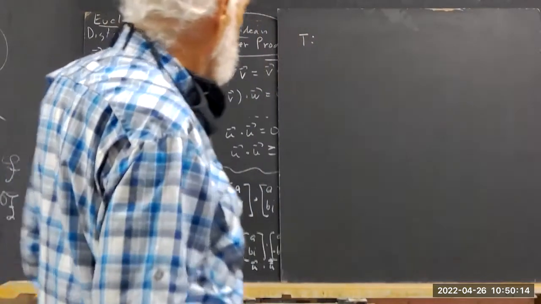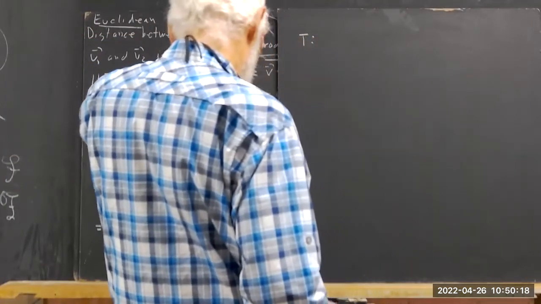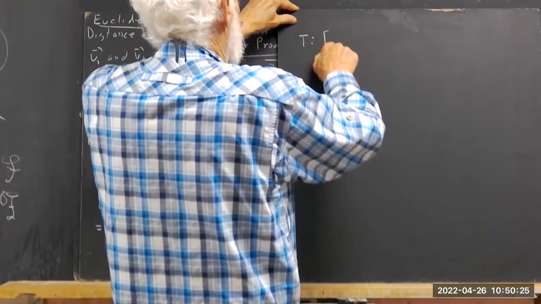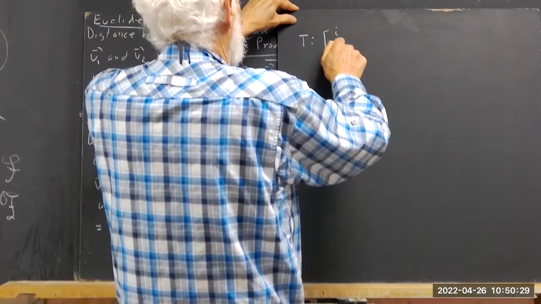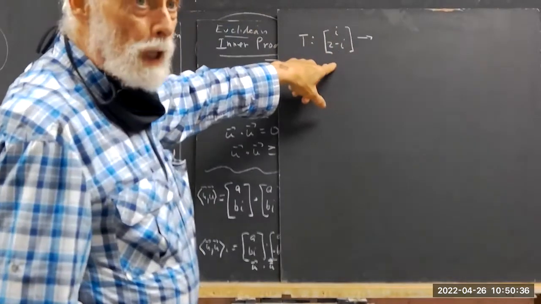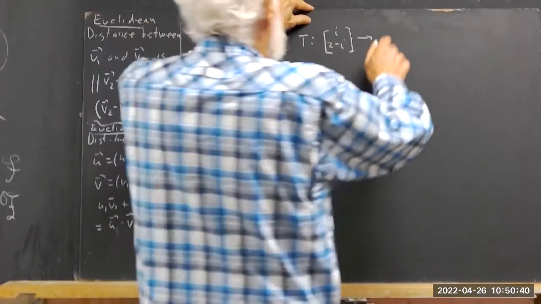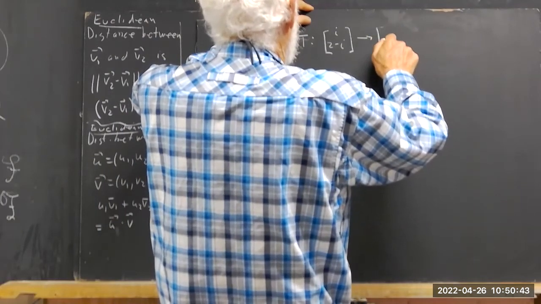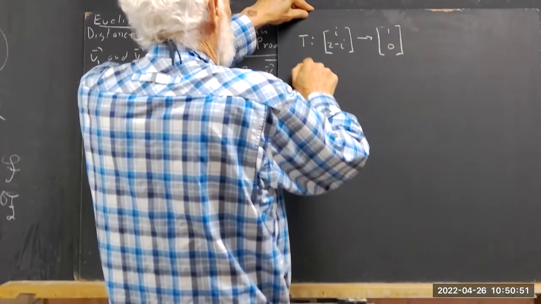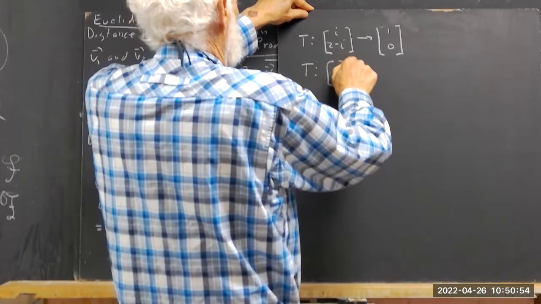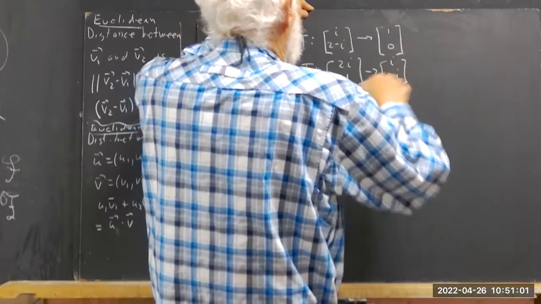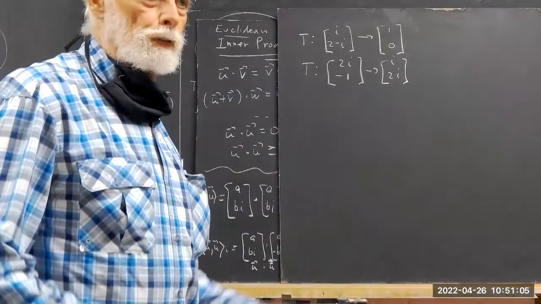Let me make sure I don't duplicate. You've got a transformation that takes the vector I, 2 minus I, to the vector 1, 0, and this vector to this vector. Could be any pair of vectors.